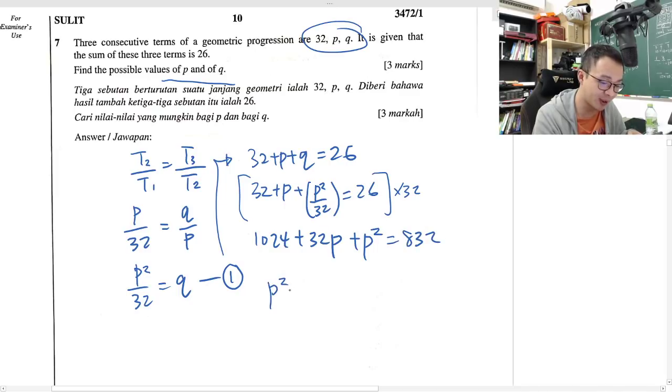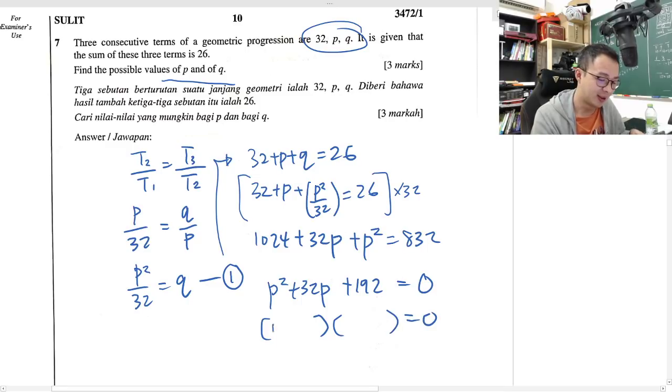So P squared plus 32P plus 1024 minus 832, which is 192, equals 0. Then we factorize this one. It should be 24 and 8, positive for both. So P equals negative 24 and P equals negative 8.